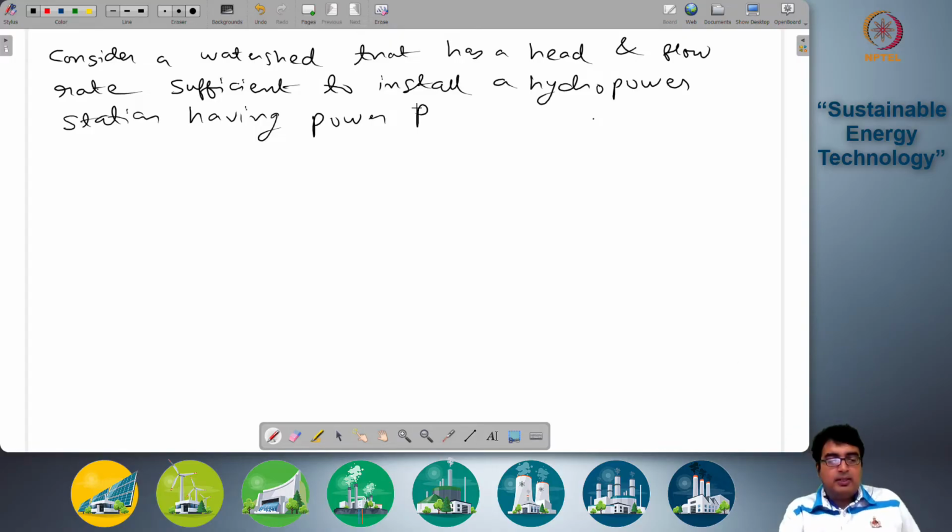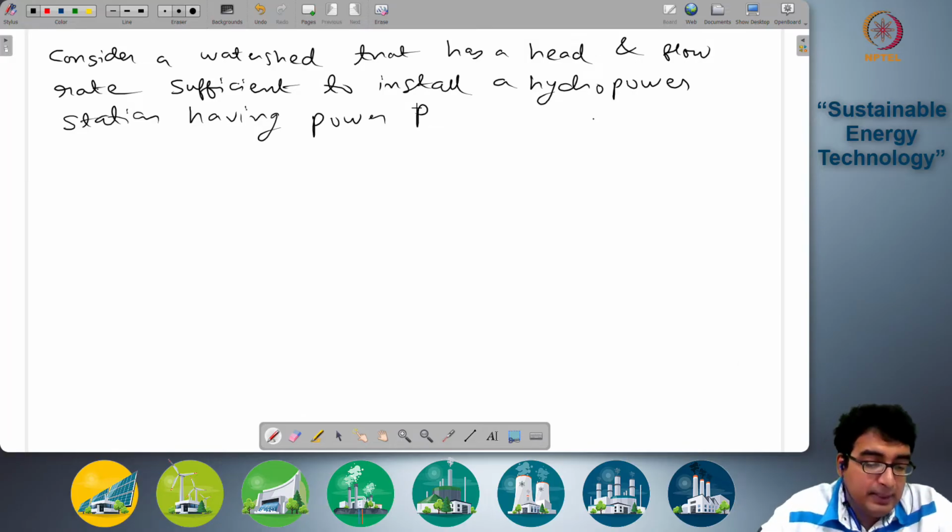So we have a hydropower station which can deliver a certain amount of power P.